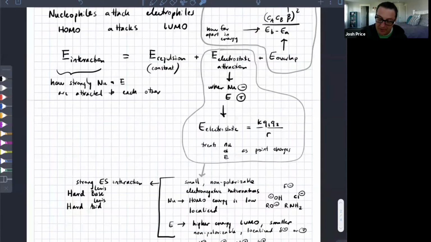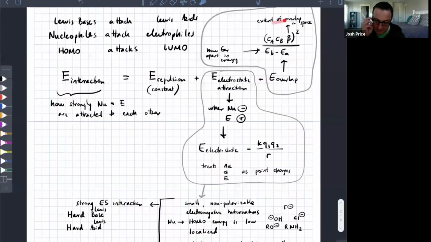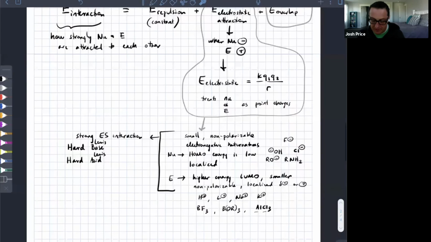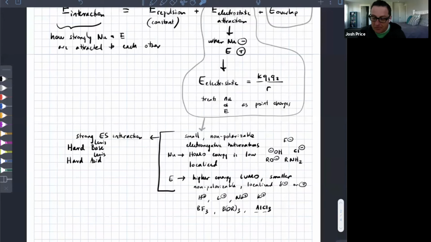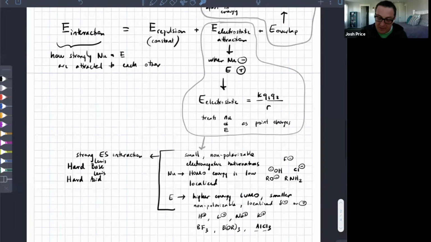You have a big number here in the denominator and probably a small number for beta, small extent of overlap in space because the charge is held on an atom that's electronegative and therefore close to the nucleus. So the only thing these electrophiles and nucleophiles have going for them is the fact that they've got concentrated charges that are attracted to each other.